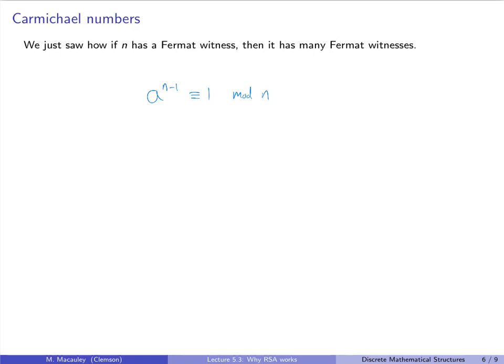Because the chances of getting a Fermat liar 100 times in a row are astronomically small. That is, assuming that n actually has a Fermat witness to begin with. And that is something that we have to check.